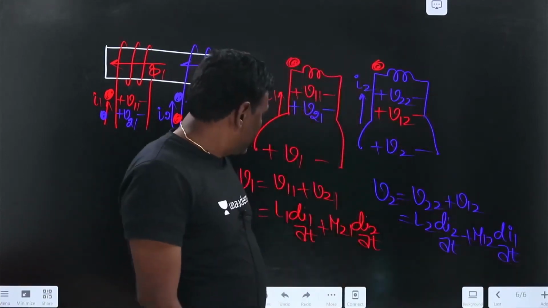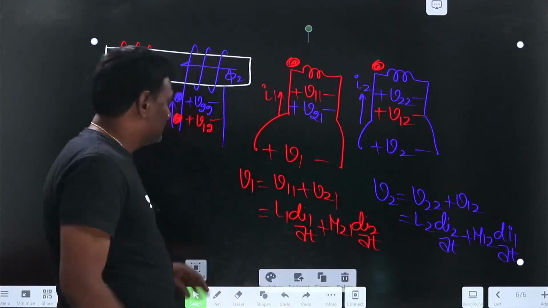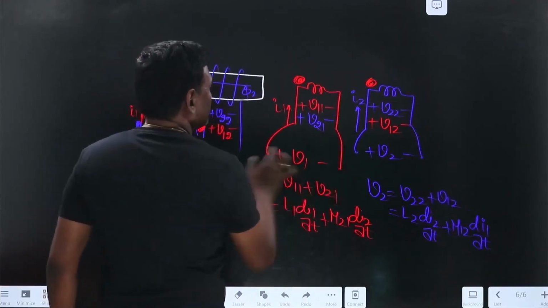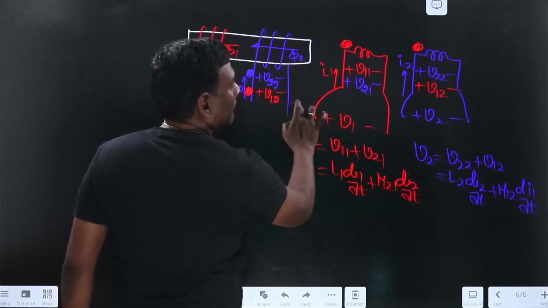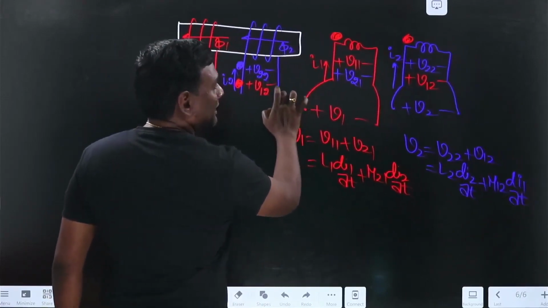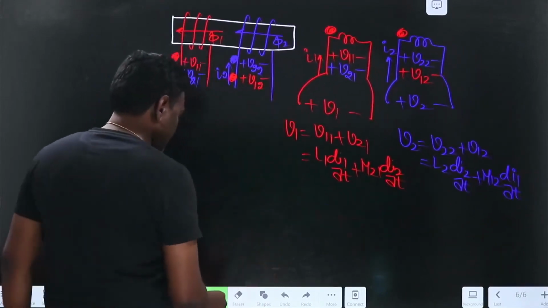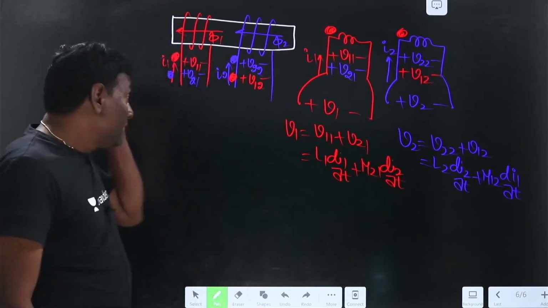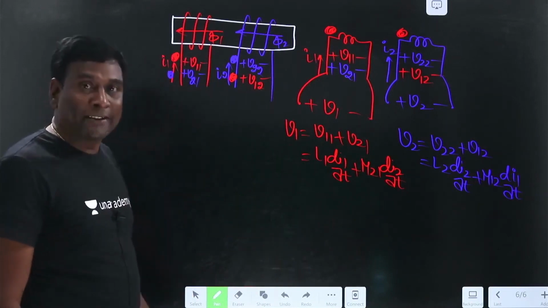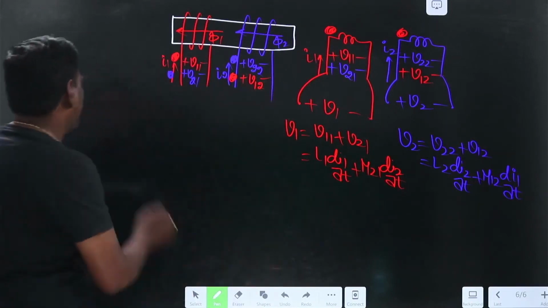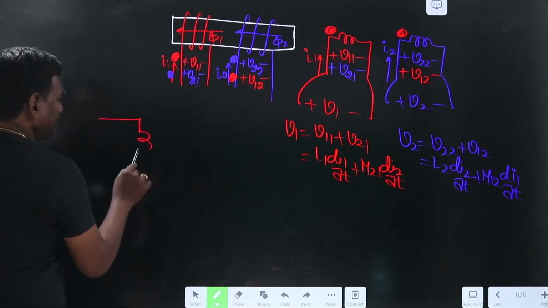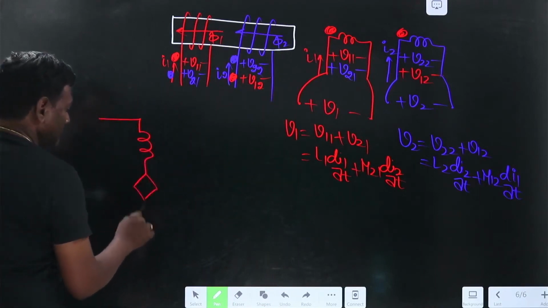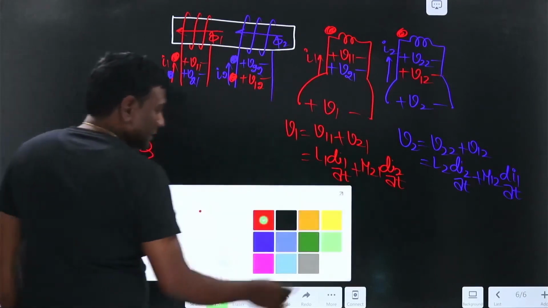Now same thing. Let me convert it into without dots also. The moment these two voltages are aiding, without dots also we can transform.